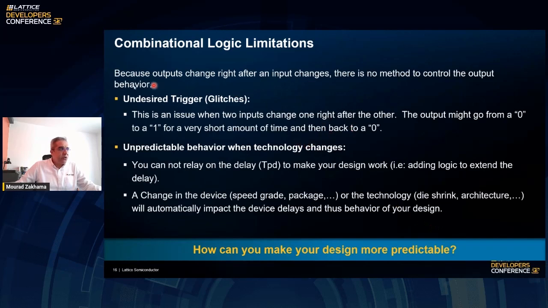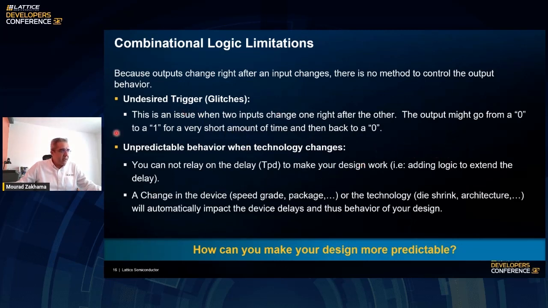And there is also what we call the undesired trigger. If any of the inputs change for a small amount of time, even if it is noise that you have on the board, then the output may glitch, going to 1 and back to 0, which is not reliable, and you cannot use it to build your logic.